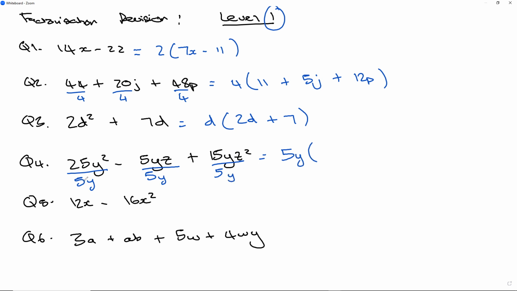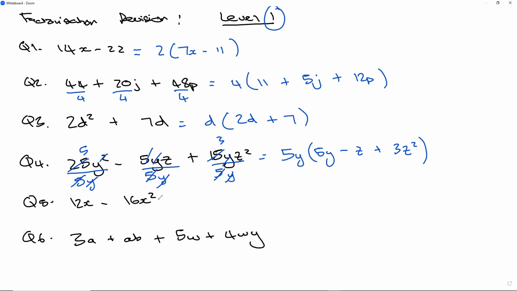So 5y is the best I've got. Dividing, I'm left with 5y times: 5 cancels, z is left over; 5 goes into 15 3 times, y cancels out, and also 3z squared.